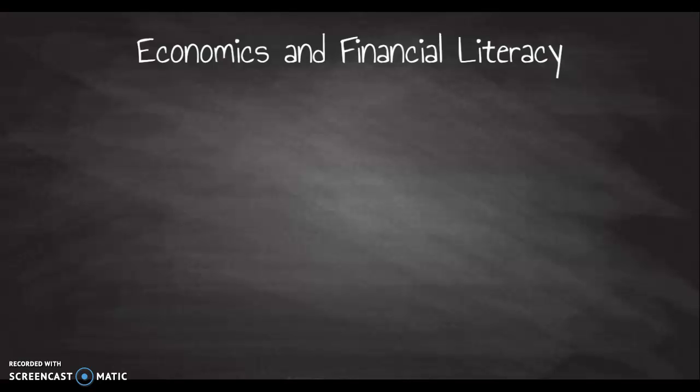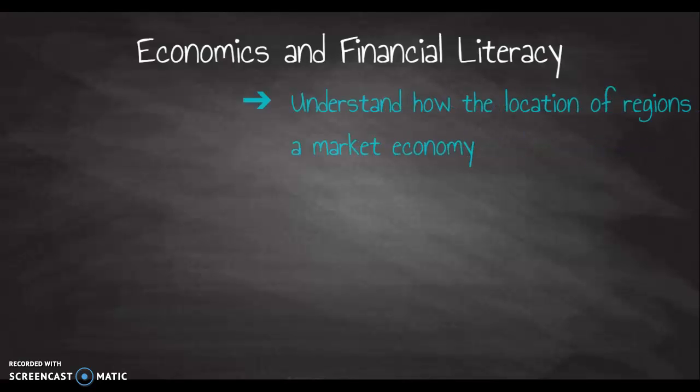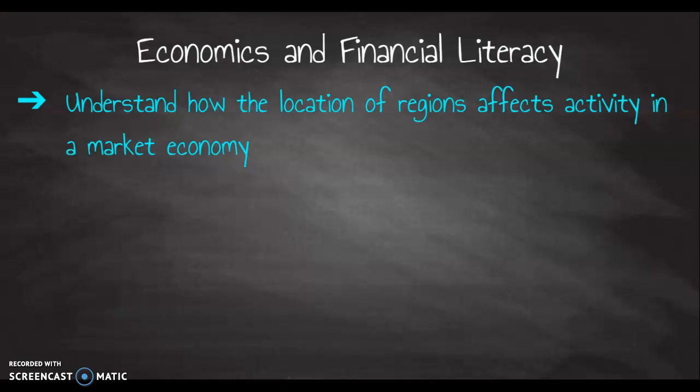After that, we move into second 9 weeks. And second 9 weeks, we have 1 social studies unit, which is the start of economics and financial literacy. So in this part of the economics and financial literacy, students are going to understand how the location of regions affects activity in a market economy.